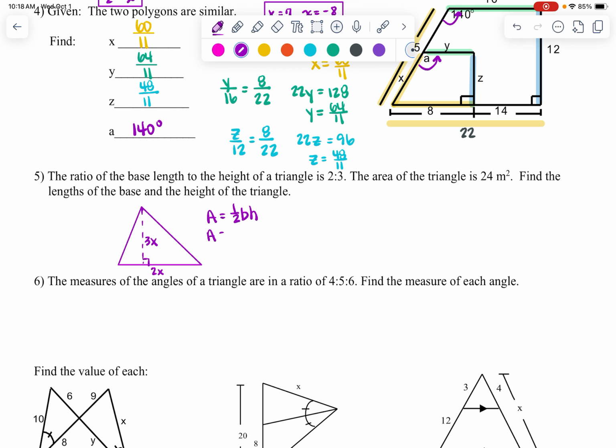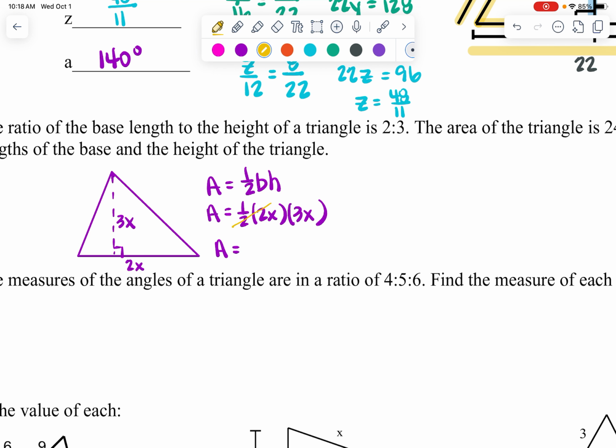Okay, well, if my base is 2x and my height is 3x, because it's in that ratio, right? I'm going to go ahead and simplify that as much as I possibly can. Now, right here, of course, half of 2 is 1, so I'm just going to go ahead and take care of that 1/2 right there. So it's just x times 3x is all that's left, which is 3x squared.